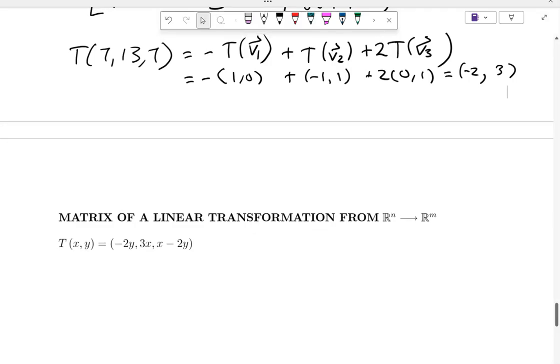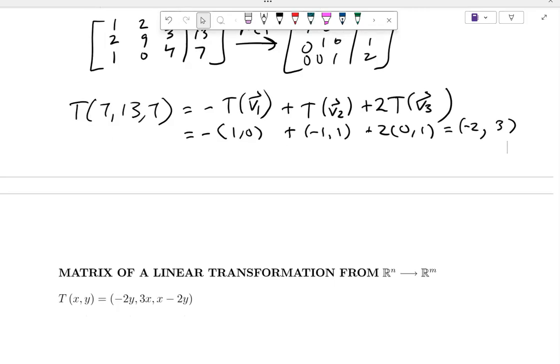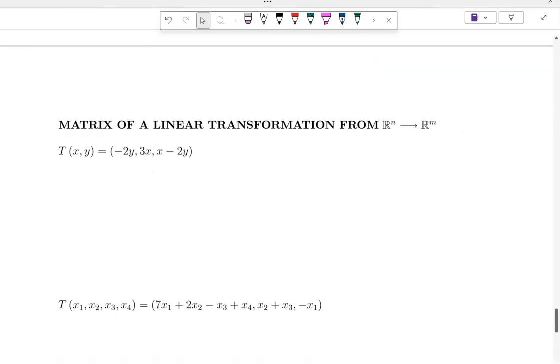All right. So our goal here is to try to, at least in this case, replace what's going on with matrix multiplication. So let's look at the couple of examples that we have here. In this case, we've got a transformation going from what to what?